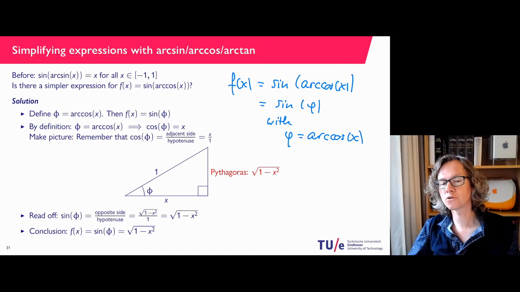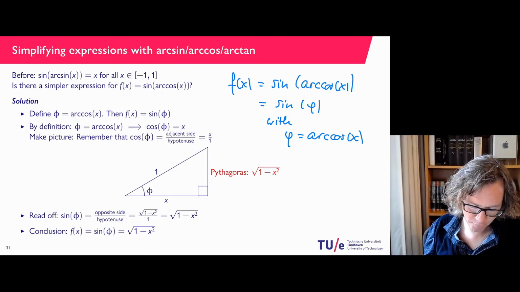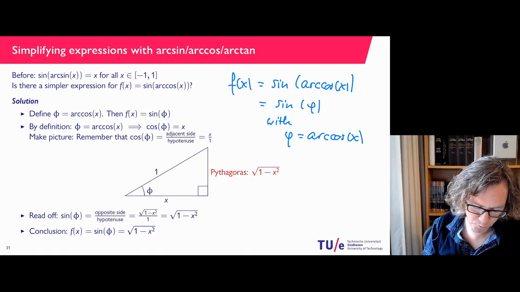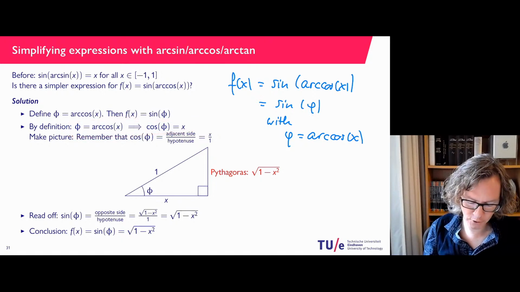So I just introduced a new letter. But there is a nice thing, because now I have phi equals arc cosine x. So that is the same as cosine phi equals x, because arc cosine and cosine are each other's inverses. So I can rewrite that, and then I have cosine phi equals x.